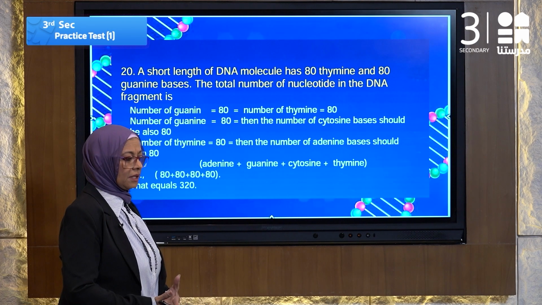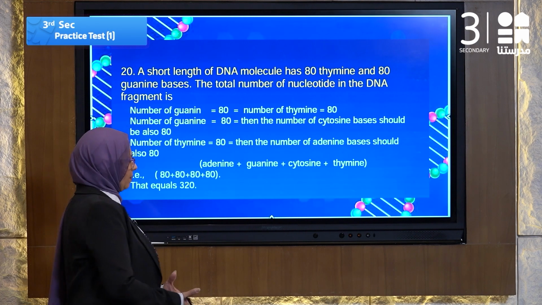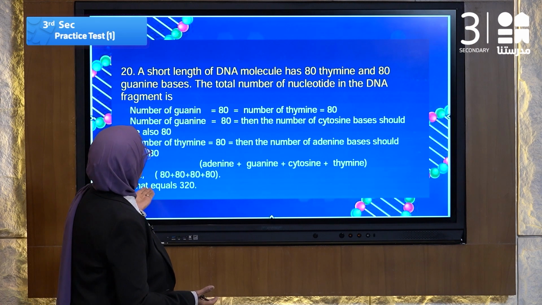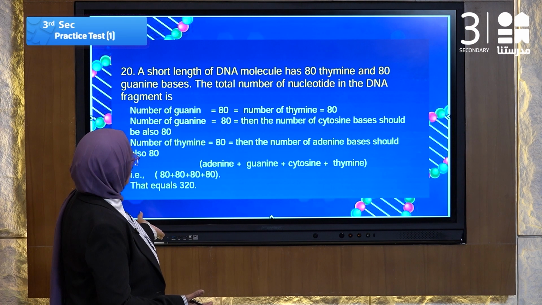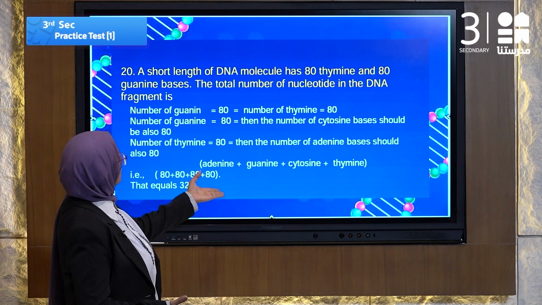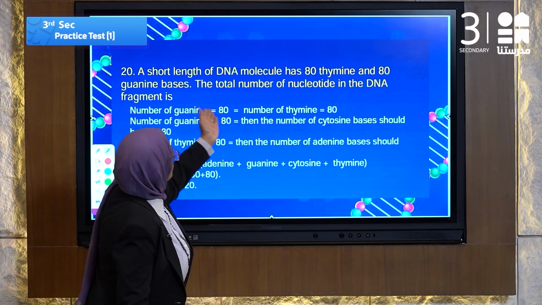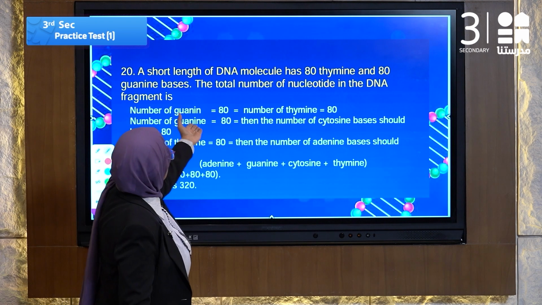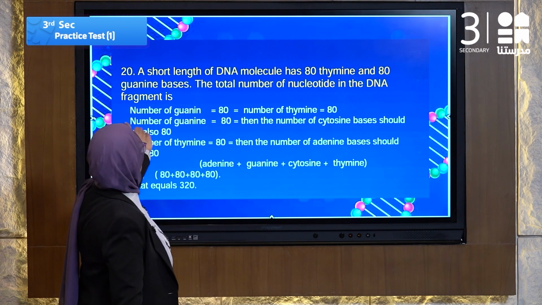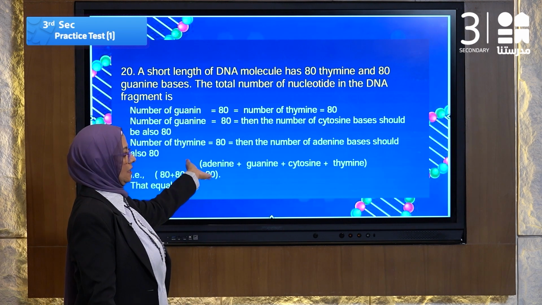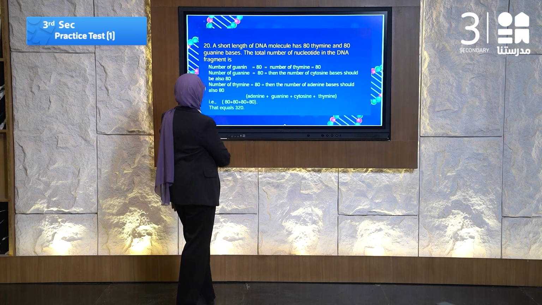They are the nitrogenous bases which form the DNA molecule. The short DNA molecule has 18 thymine and 18 guanine. The total number of nucleotides in the DNA fragment is, let's calculate.